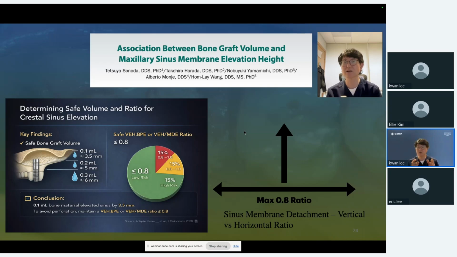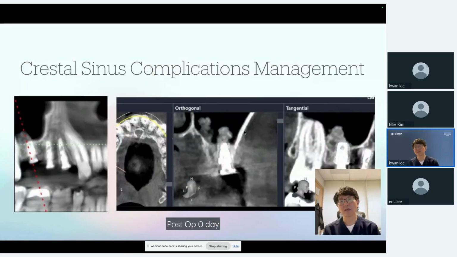This article will tell you how to design your membrane elevations, and also, of course, how to manage the complications. No procedure or technique is complete without the complications. Although with this closed chamber sinus elevation, the complication rate based on my caseload is very low, probably less than 5%.